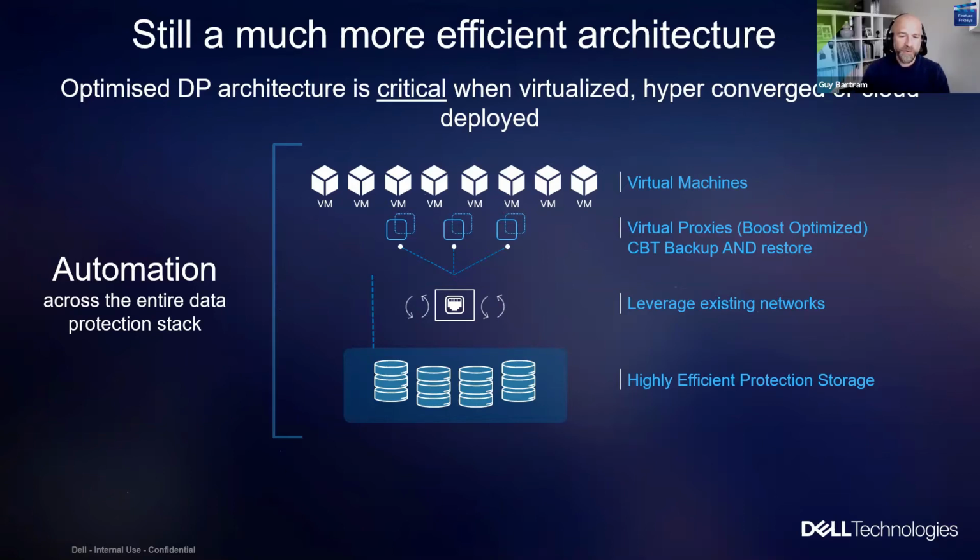And am I correct in saying that you only get the real kind of data deduplication optimization when you actually use the physical devices, or is that no longer the case, or is that a myth? Absolutely. No, it's interesting. I think there's a lot of myths that need to be busted in this. The deduplication is a byproduct of the intellectual property, the patents and IP that are part of the platform. There is no difference.